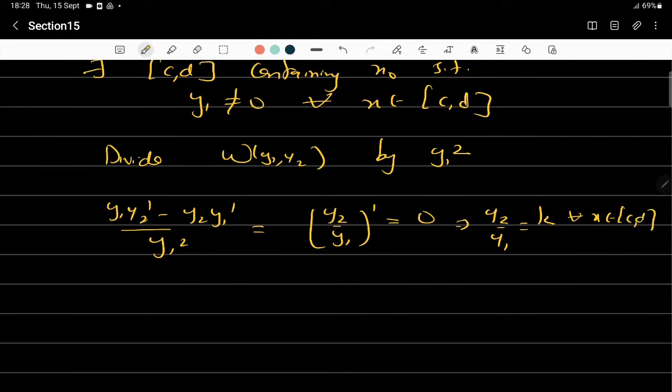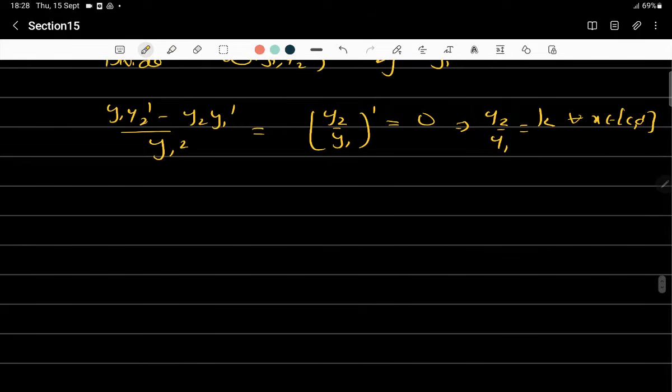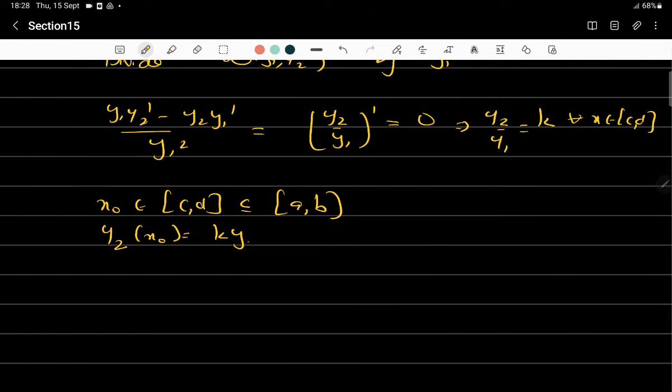Now this is 0, which means that y2 by y1 is equal to some constant k for all x belonging to the interval CD. Yes, now see that if you consider any point x0 that belongs to CD, it means this point also belongs to AB, and for this point y2 of x0 is k y1 of x0, and y2 dash of x0 is k y1 dash of x0.